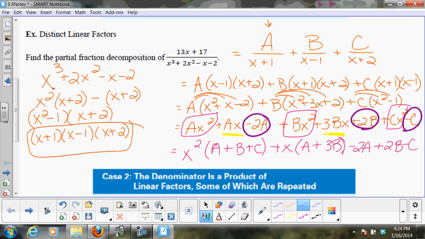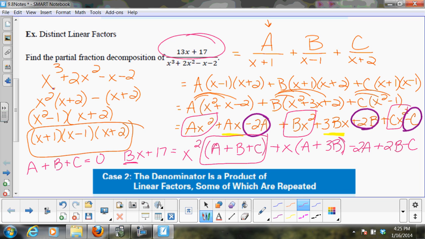Okay, that's the numerator, because we were working with A, B's, and C's. That's what it should equal. It should equal 13x plus 17. There is no x squared term, so technically that coefficient is 0. So A plus B plus C equals 0.